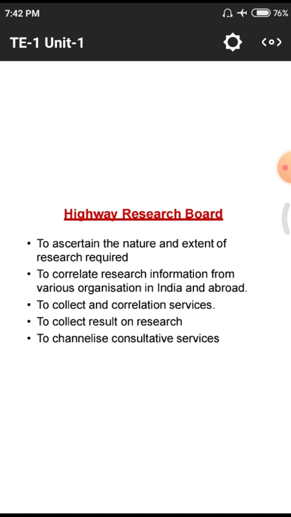But nowadays we are simply destroying the forests and constructing so many projects in the forest, so wildlife is obstructed, wildlife comes into man-made areas, and we are disturbing the wildlife a lot. They are simply destroying the wildlife. We need to ascertain the nature and extend the research required within a small scale of gap.